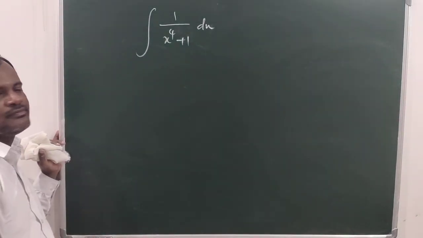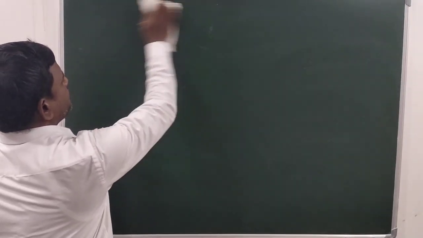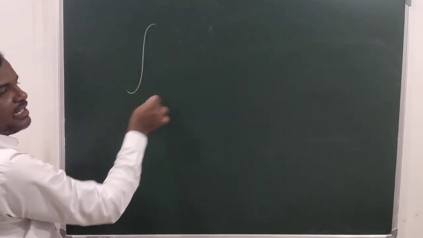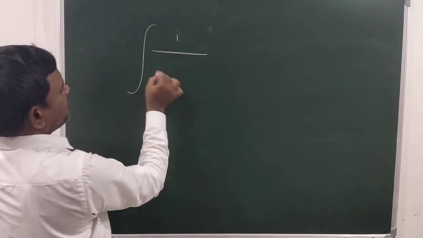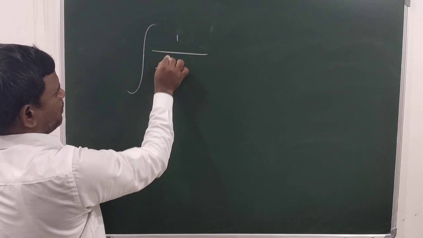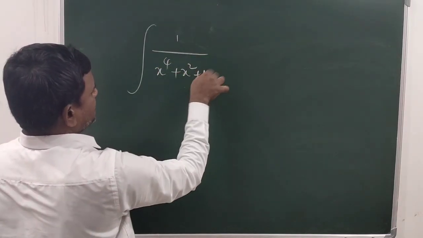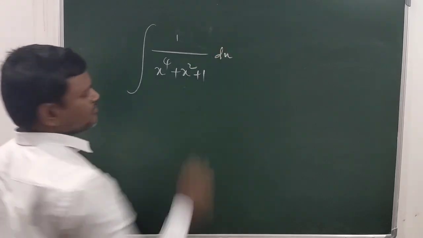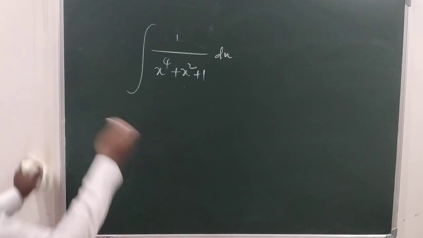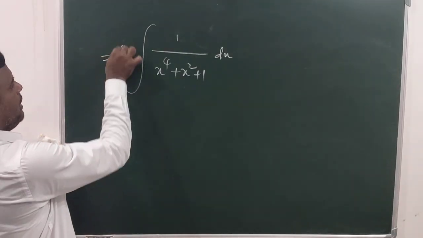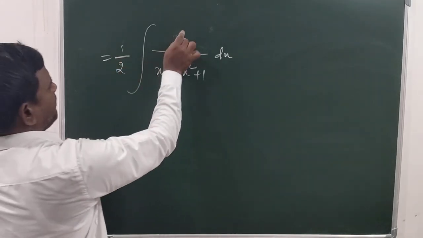Sometimes they may give you the integral of 1 by x to the power of 4 plus x square plus 1 dx. What do we do? Same as the previous one: multiply numerator and denominator with 2.